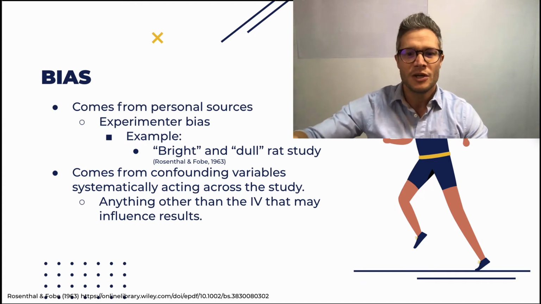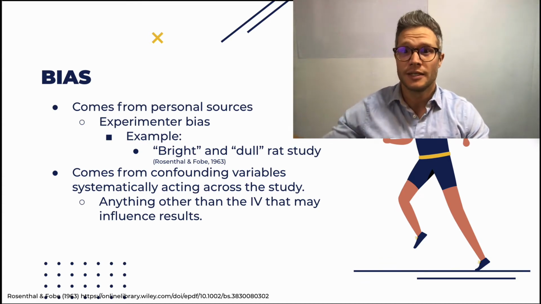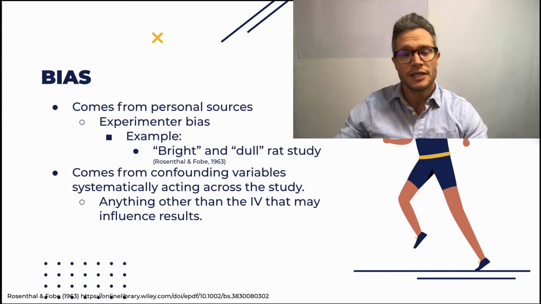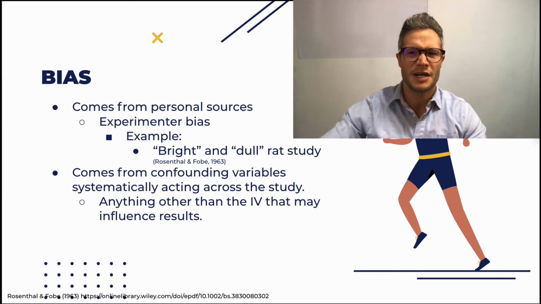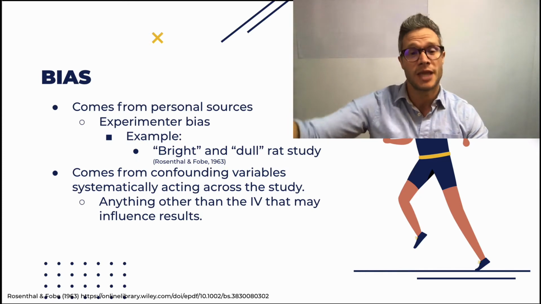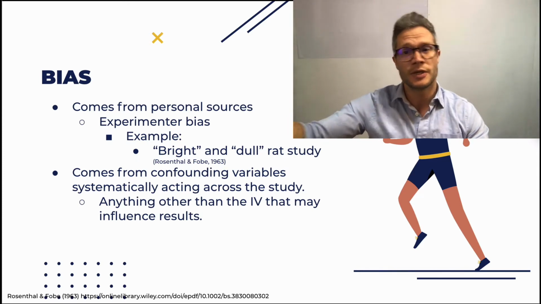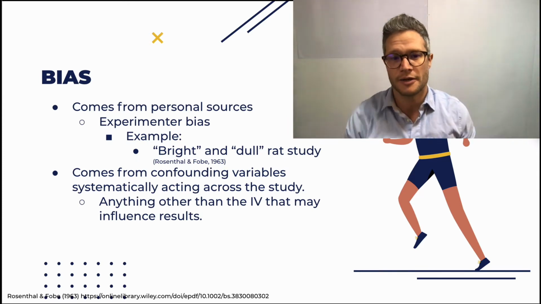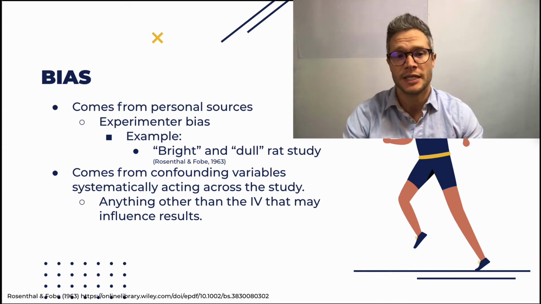Whereas the B group maybe overtrained. They went far beyond anything the training program had laid out for them. They got injured, they couldn't train as much. Next thing you know, they're not training at all, and then you have your post-test. So again, it's any factor that you can think of that would influence the study.